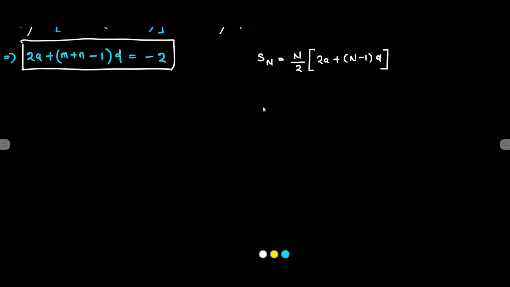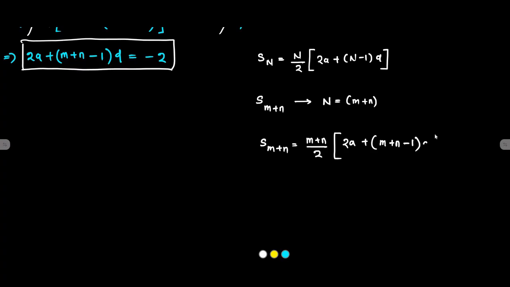So for the sum of the first m plus n terms, we'll take n equal to m plus n. Here S of m plus n is equal to (m plus n) by 2 into 2a plus, instead of n we have to put m plus n, so it is (m plus n minus 1) into d.